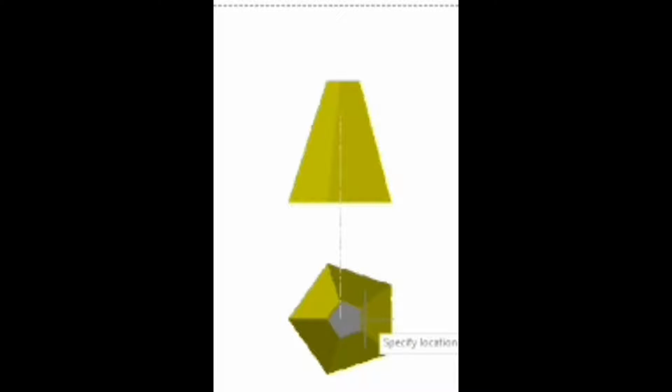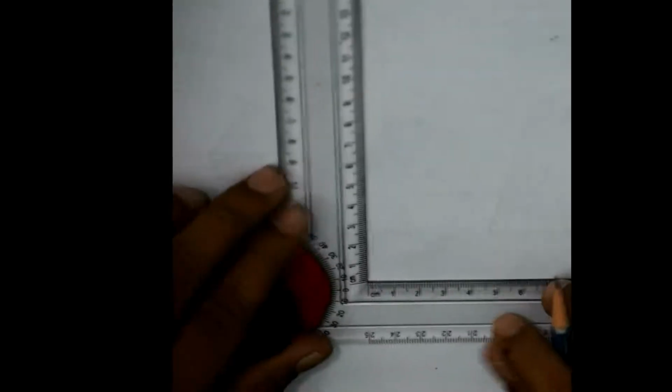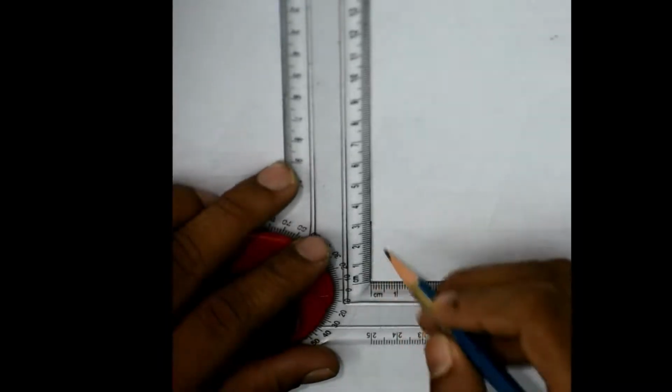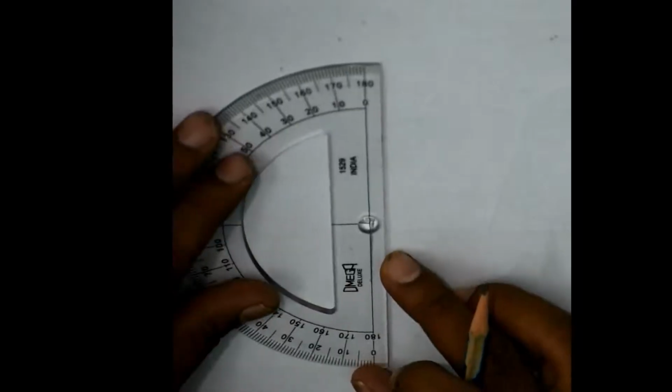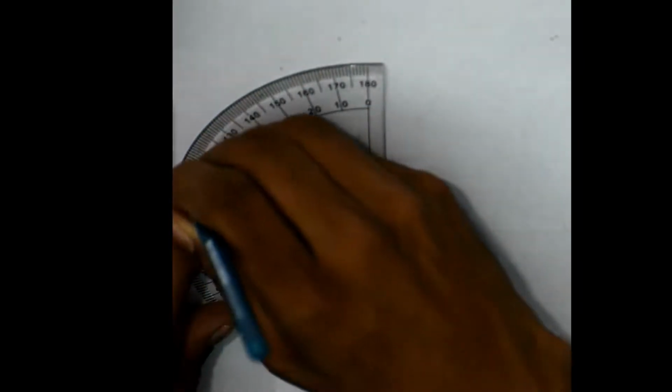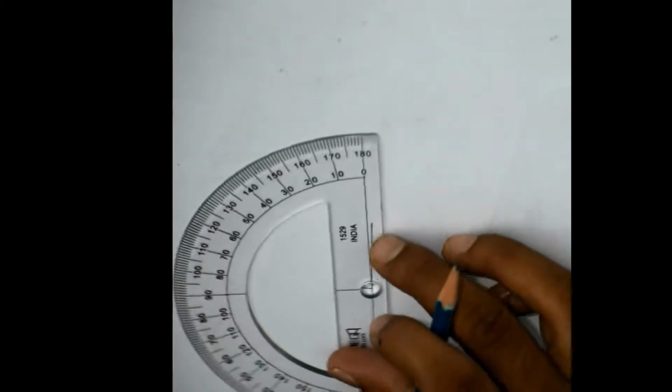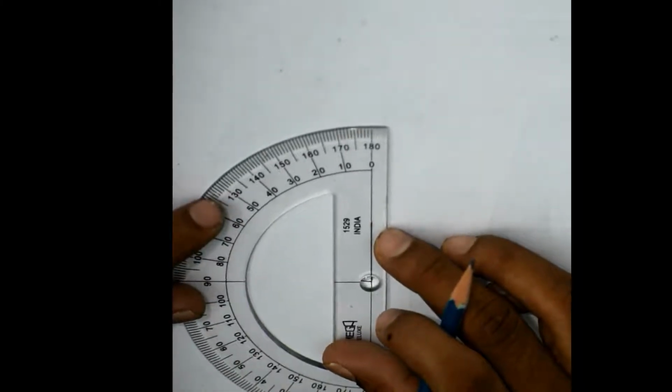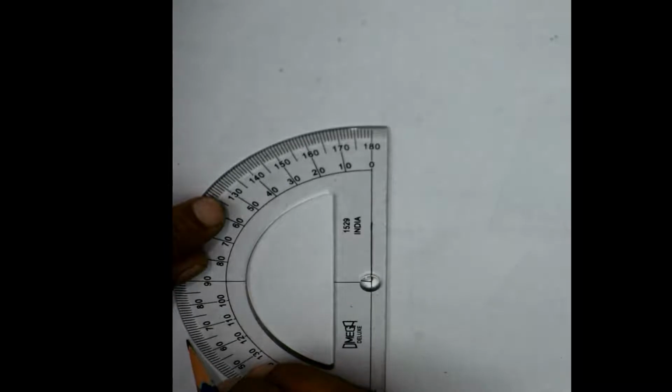Now we will see how to draw this. It is resting on the horizontal plane. So we need to first draw its top view with a 2H pencil, because this is just our assumption. Again, this is 72 degrees. This is also 72 degrees.